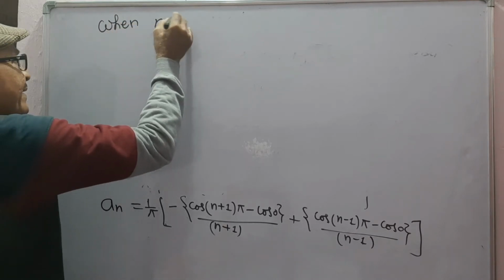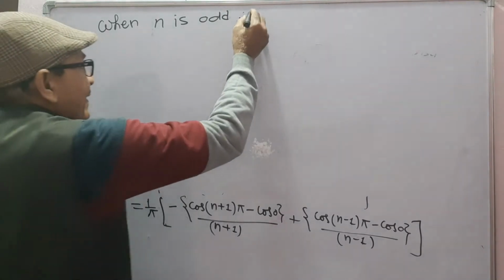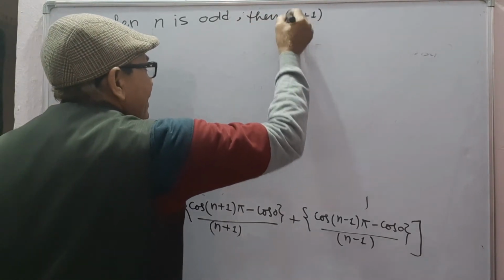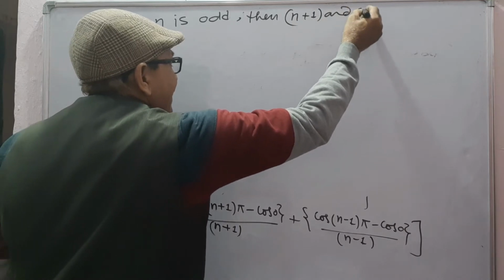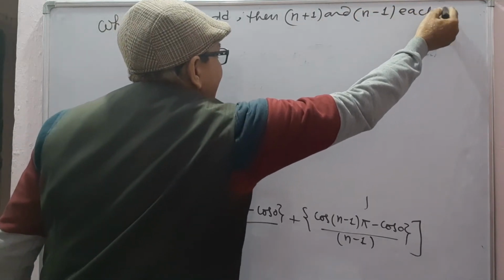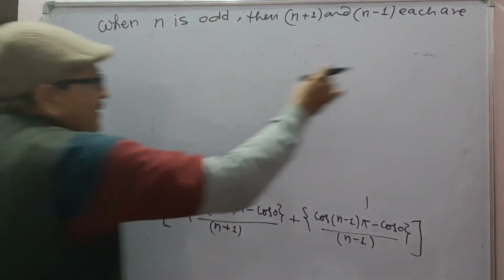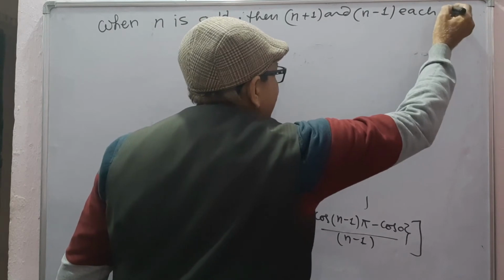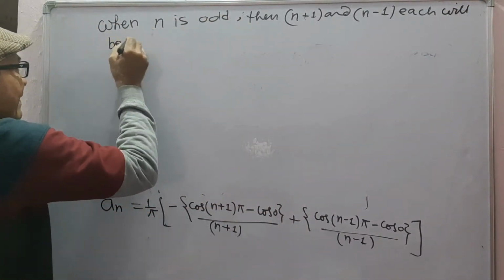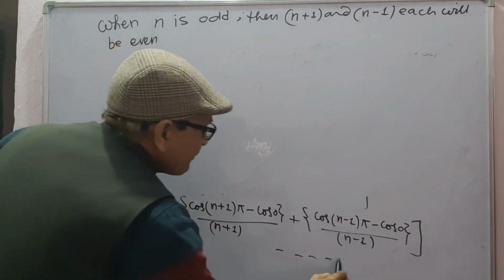When n is odd, then n plus 1 and n minus 1 are each even.